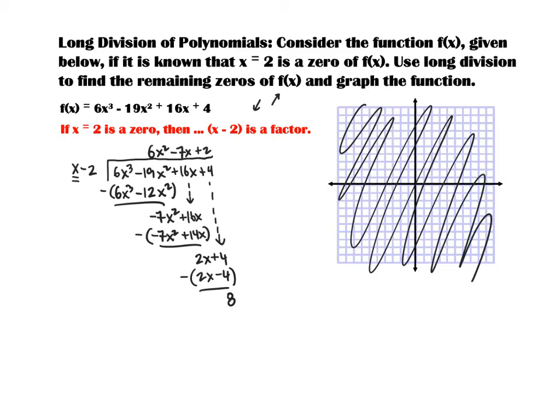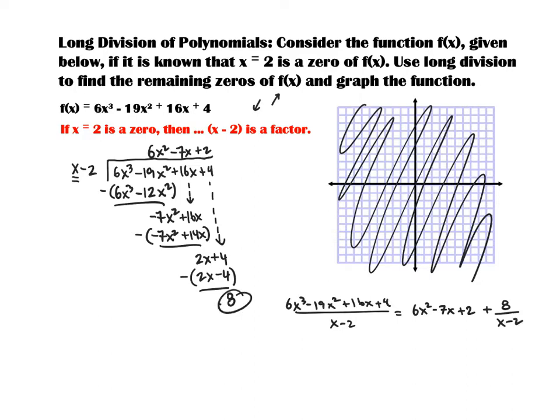So what we can say is that 6x cubed minus 19x squared plus 16x plus 4 divided by x minus 2 is equal to 6x squared minus 7x plus 2 plus 8 over x minus 2.